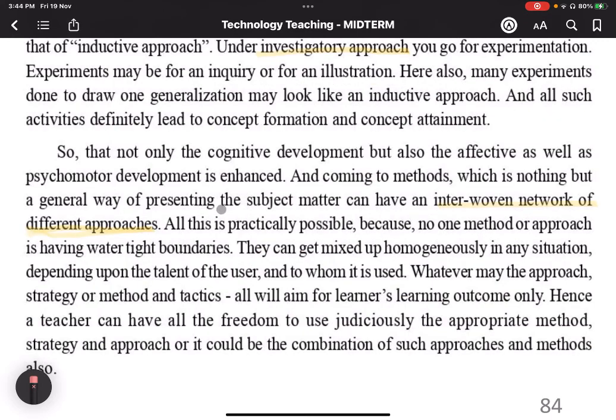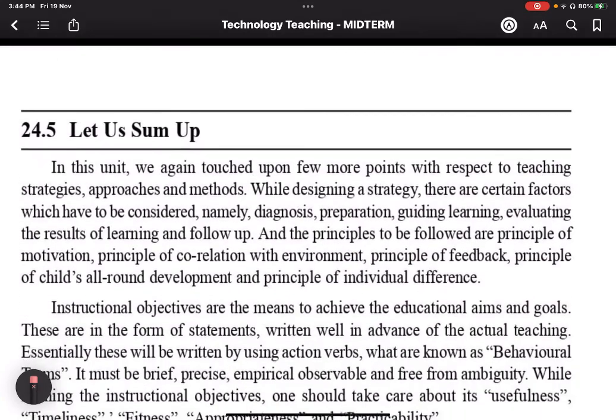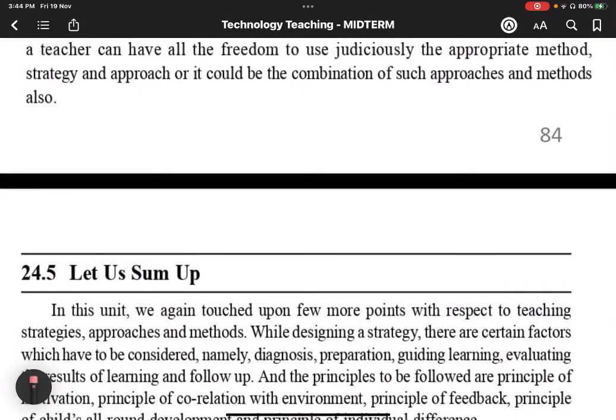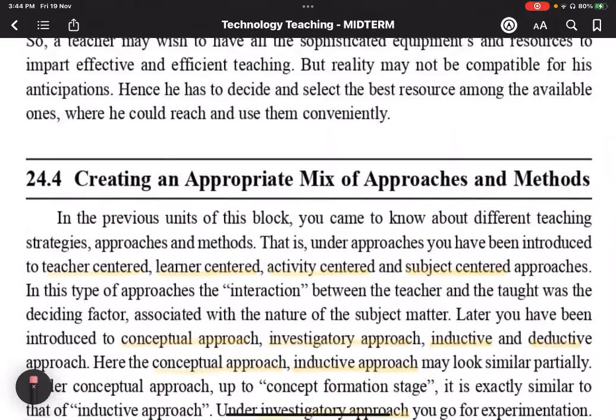This is the general way of presenting the subject matter. Can have an interwoven network of different approaches. So, ayan, take note. Ang isang subject matter, for example, math, pwede mo siyang ituro in different or interwoven approaches, or method. Okay, so that is all for our finals lesson part 1.